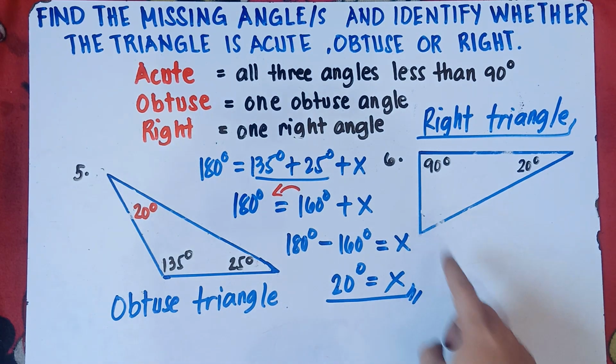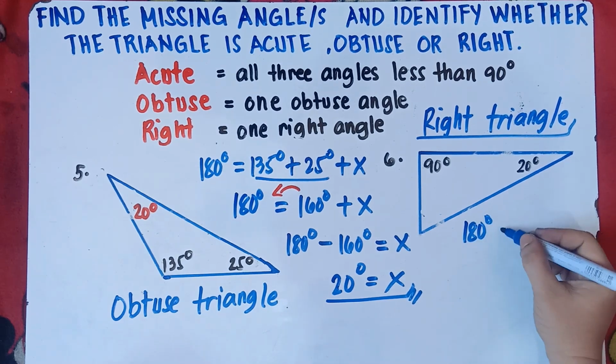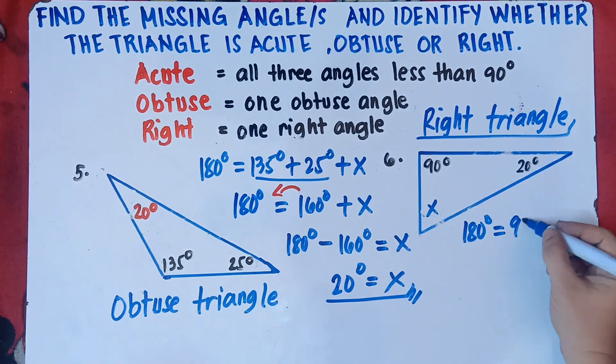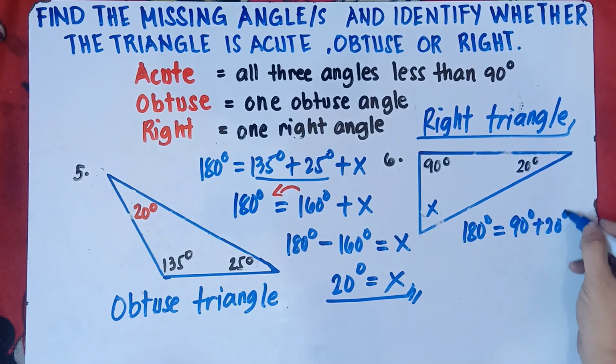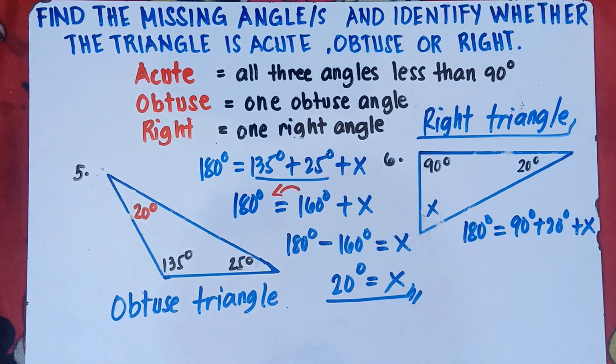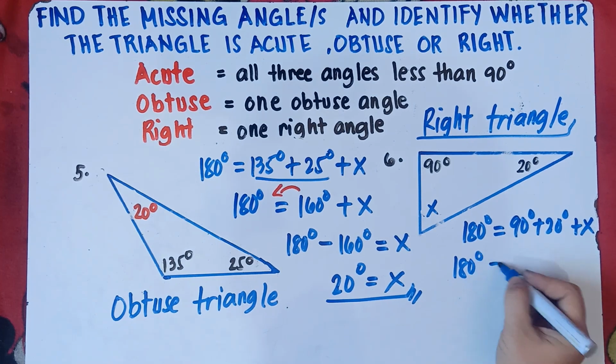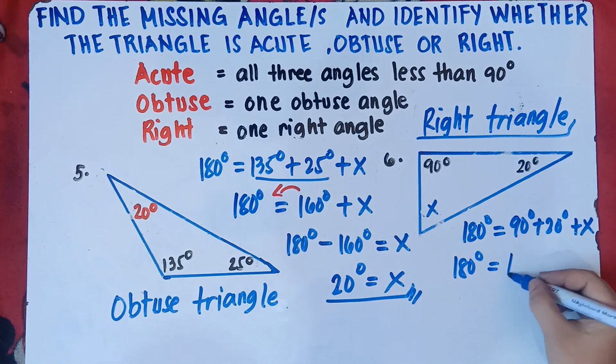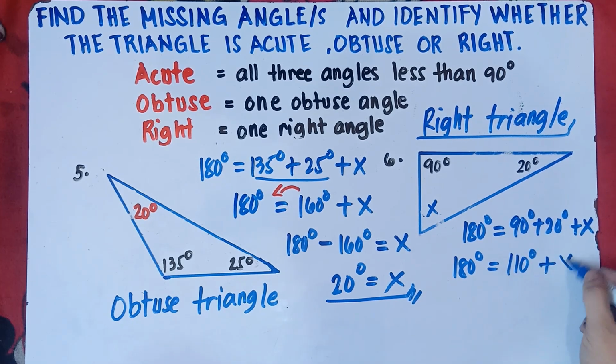So to find this angle, simply add this up. So this will be 180 degrees equals, let's label this one as x, 90 degrees plus 20 degrees plus x. So 180 degrees equals 90 plus 20. What's the answer, class? That's correct. That's 110 degrees plus x.